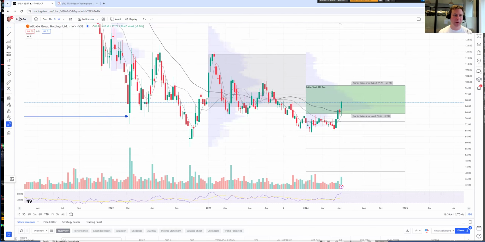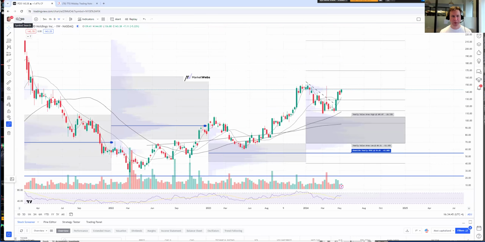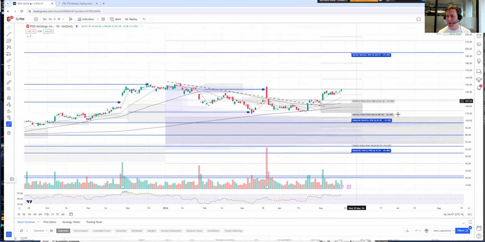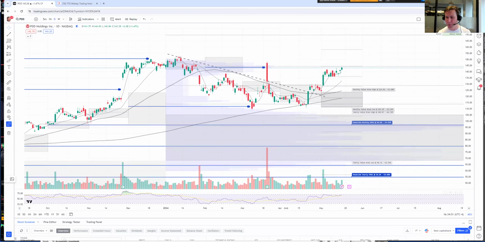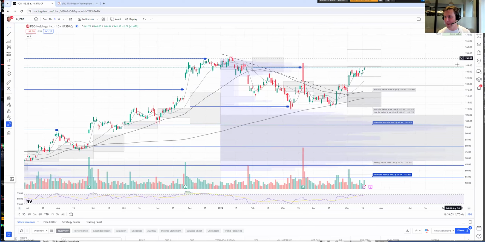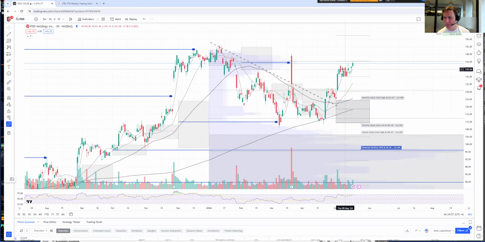I've also been long a name which has worked really well for me, which is PDD. And I just really haven't had a reason to take it off. I've taken multiple targets. I actually took another target today, and a nice little move here coming out of this bull flag, right? It held in here pretty nicely.